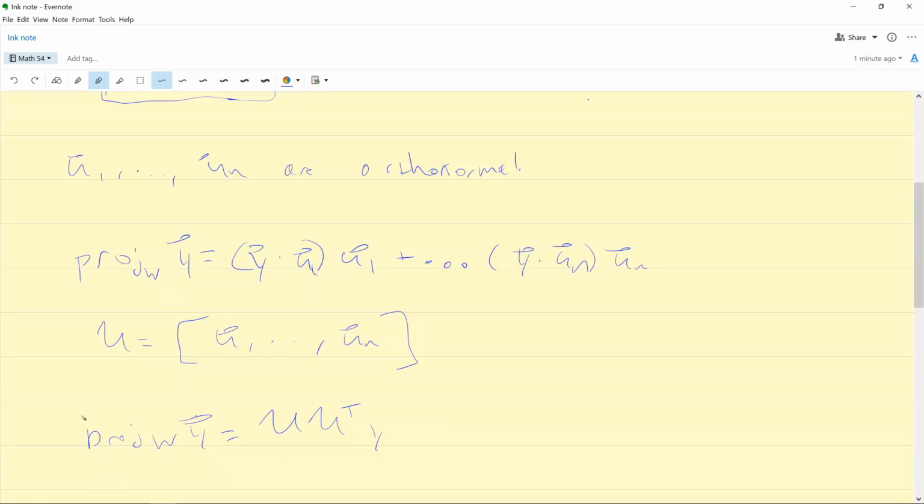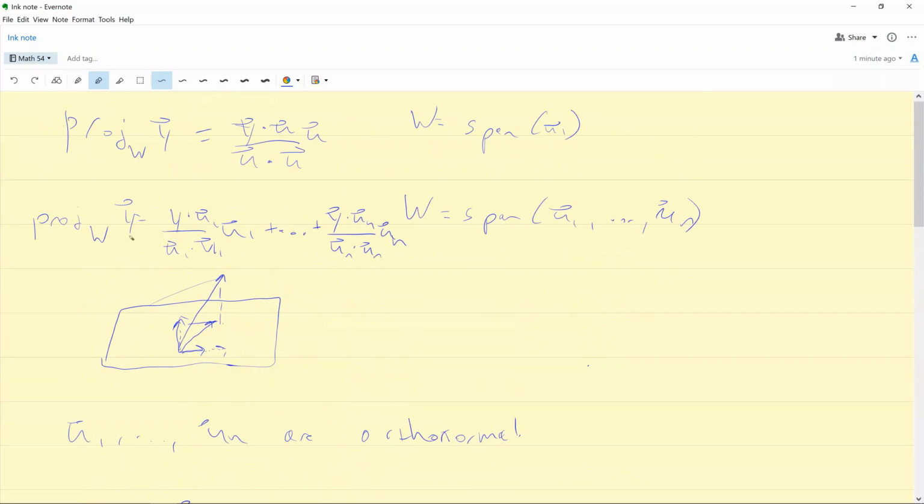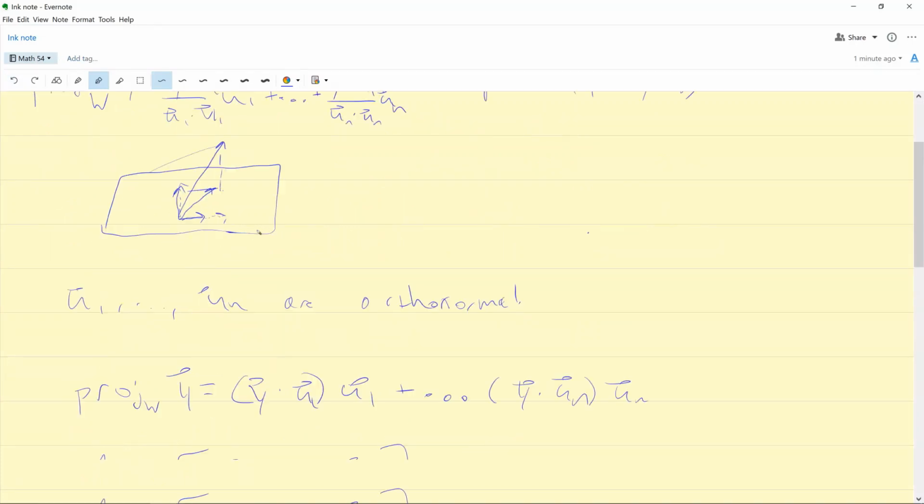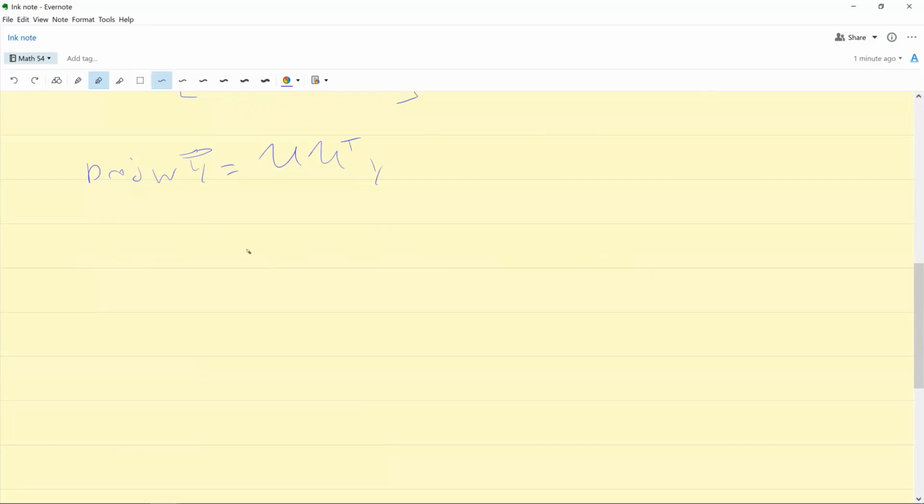We can actually say a lot more about this theorem, more than just how to find these coefficients. This is a statement about all of Rn and not just one specific vector. Let's say we take any vector in Rn, and some subspace W of Rn.